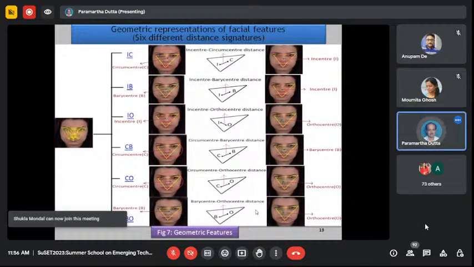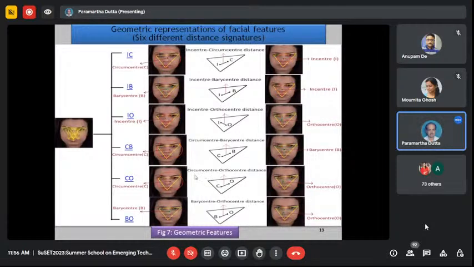So now the stage is set for further consideration. So look, this is our face image, the original image. There are different combinations. Consider this just an example: this landmark point, and this landmark point.